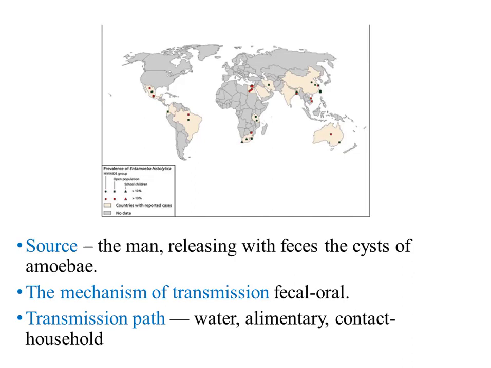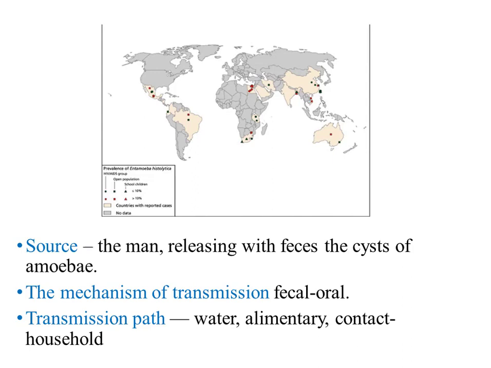The source of the pathogen is the person releasing amoeba cysts with feces. The mechanism of transmission is fecal-oral; transmission paths: water, alimentary, contact, household. Factors of transmission of amoebiasis can be food, water, household items.